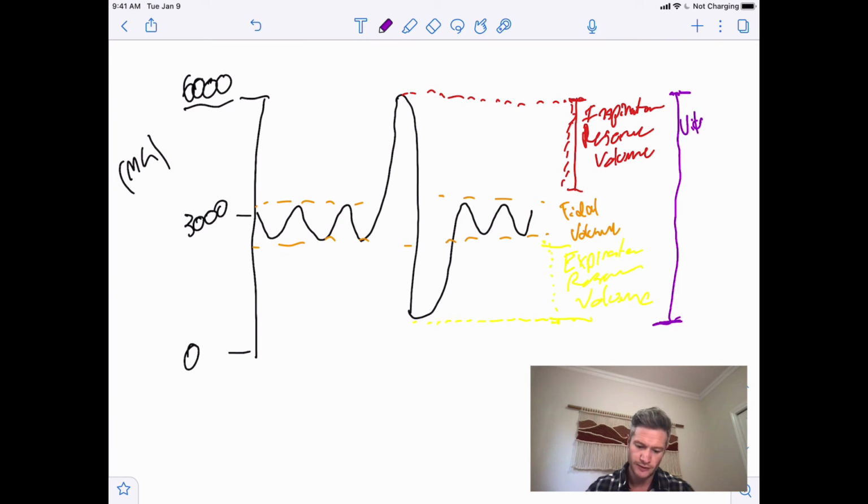So that's our vital capacity. Okay, and all of these typically just get into an acronym of the letters that compose them. Okay, so that's VC, vital capacity.